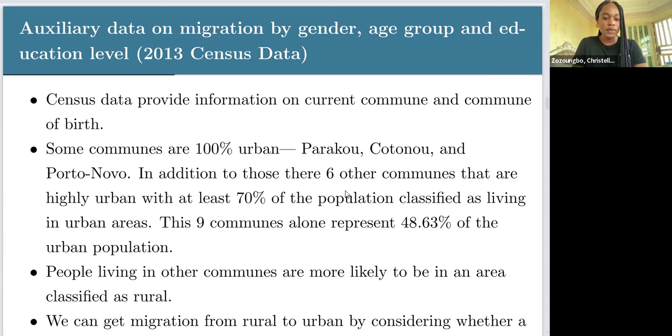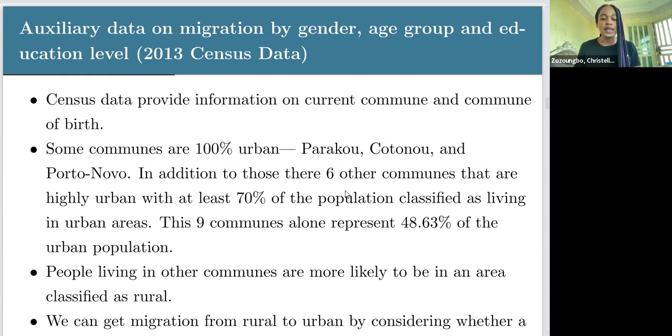We have some communes that are 100% urban, like Porto-Novo, Cotonou, and Parakou. And in addition to those communes, we have 6 other communes that are highly urban, which have at least 70% of the population classified as living in urban areas. Those 9 communes alone represent almost 50% of the urban population over the 77 communes that we have.